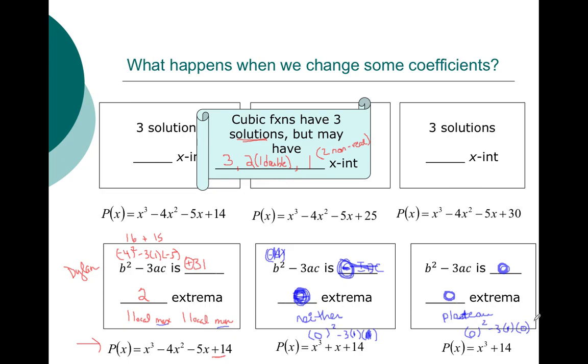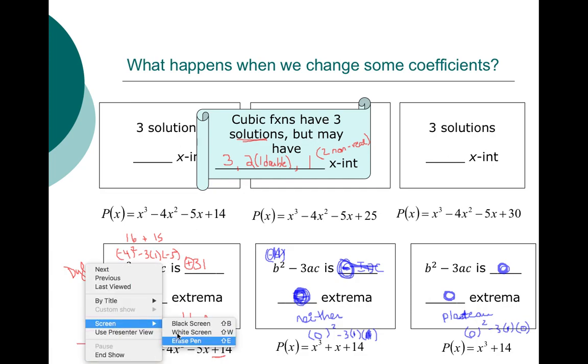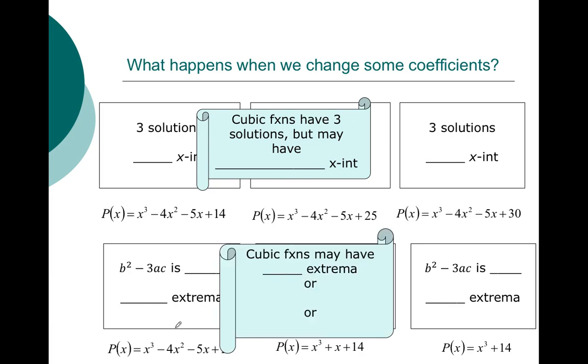So here, let me give you some more pictures. First, cubic functions may have two extrema. And that's when your Dilation value, or your b squared minus 3ac, is positive.